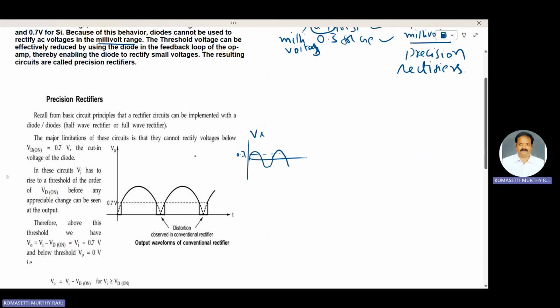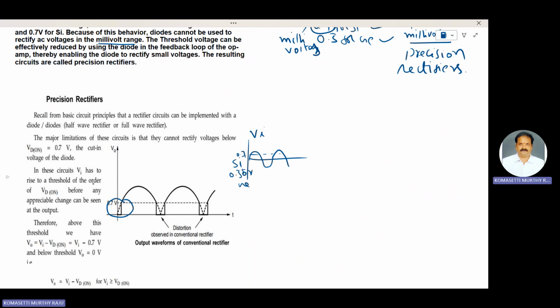The major limitation of the circuit is that they cannot rectify voltages below VDR. That means this is 0.7 volts, the cut-in voltage of the diode. In the circuit, Vi has to rise to a threshold of the order of VDR. That means 0.7 volts for silicon, 0.3 volts for germanium.